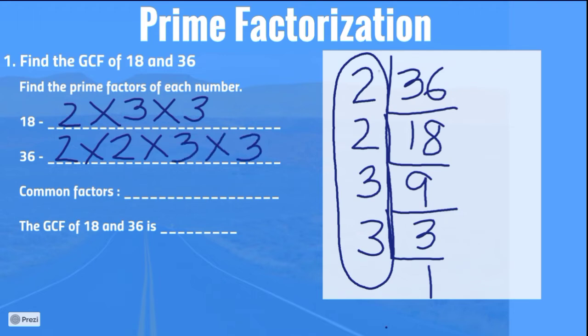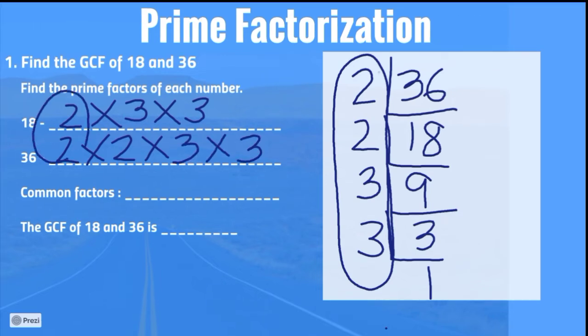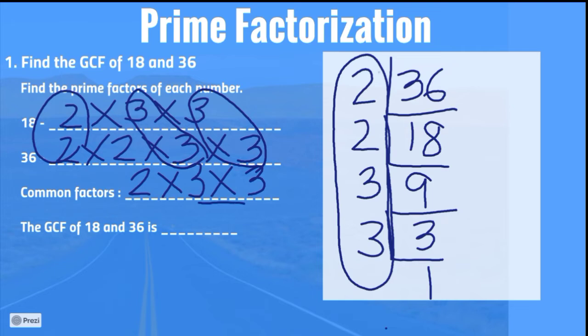So, the common factors, so 2 times, ano pa yung common? 3. So, isang 3 times 3. Okay, so let's multiply. So, 3 times 3 is equal to 9. 9 times 2 is equal to 18.